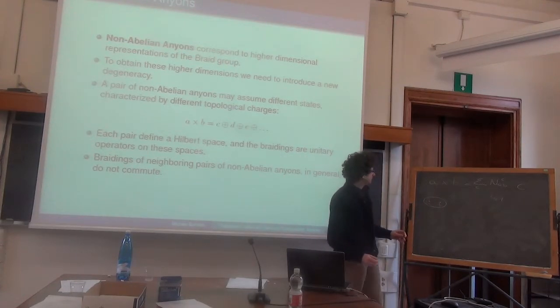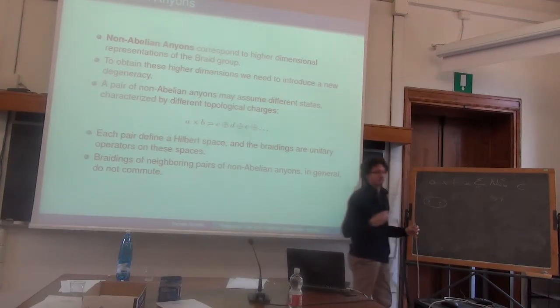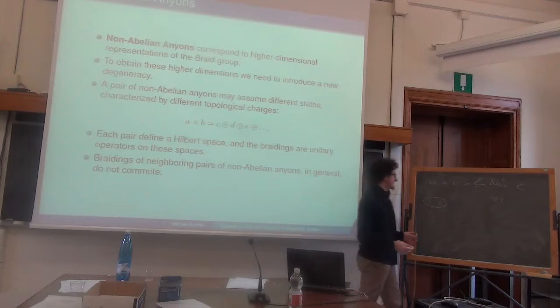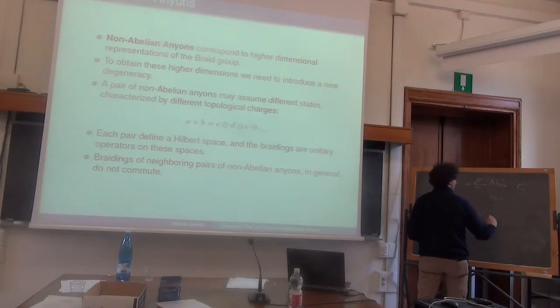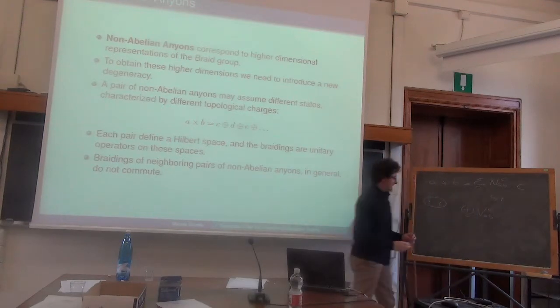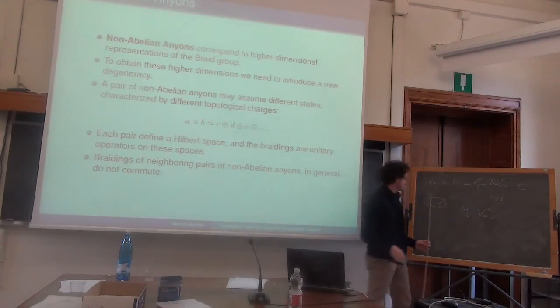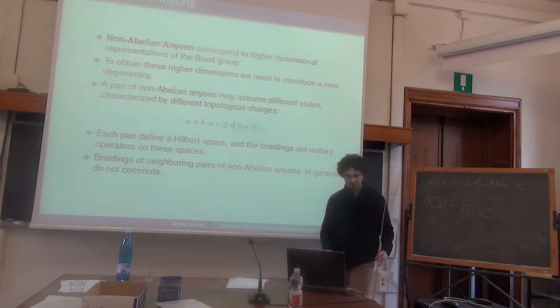In particular, I'm saying that this pair must assume a state, and this state is taken in a Hilbert space that I can represent as the sum over C of other Hilbert spaces. So the states of this object live in this Hilbert space.